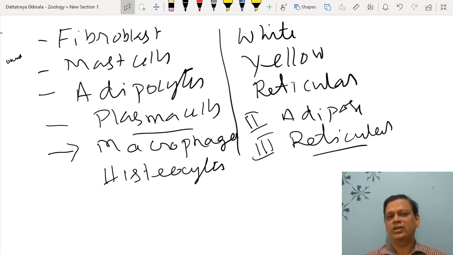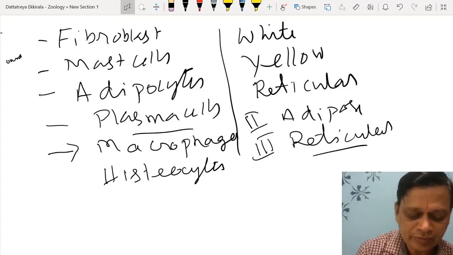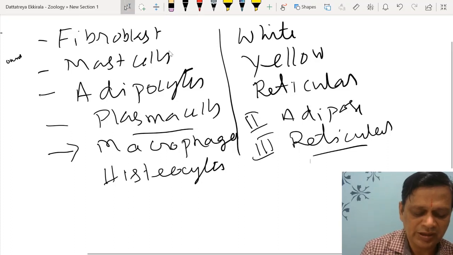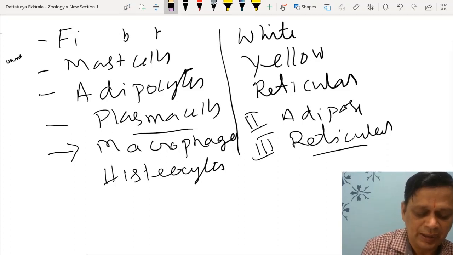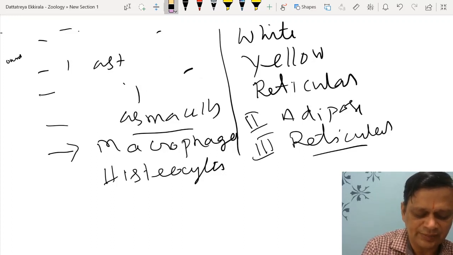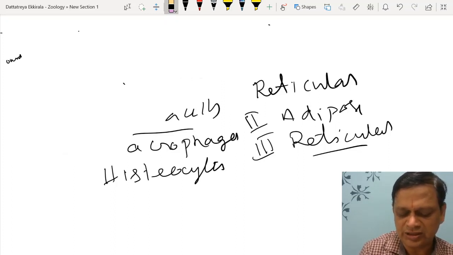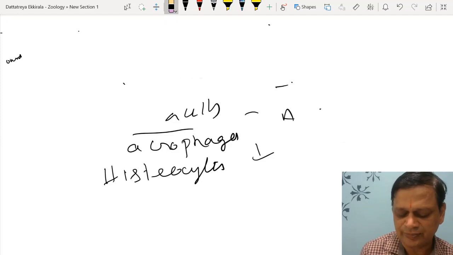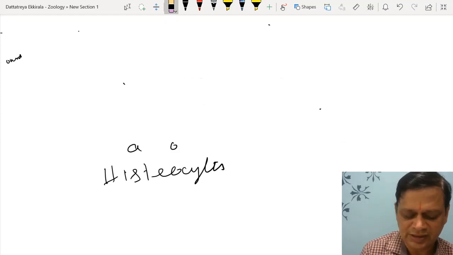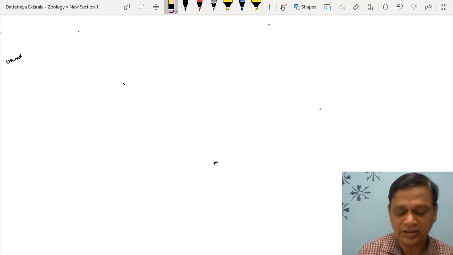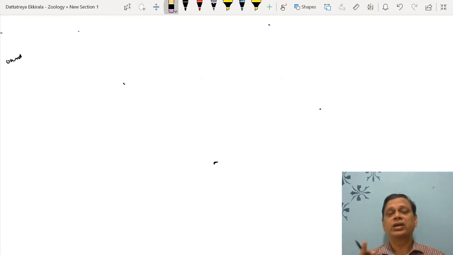Then fluid connective tissue, in detail you'll be studying in the circulatory system when you study human systems, right? But dense connective tissue, as we have seen in the chart, is regular, irregular, elastic.